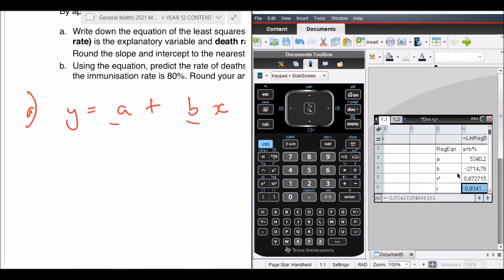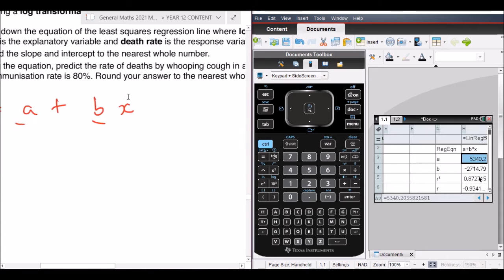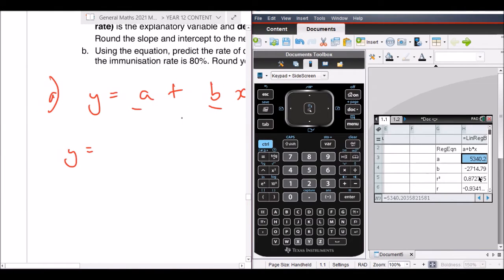Also, double check that you've got the numbers right when you write them down by putting your cursor there so you can see what the numbers are. So there's a there. I'm going to write my formula: y equals a, which is 5340. It does say here we need to round to the nearest whole number, so watch out for that. So that's 5340.